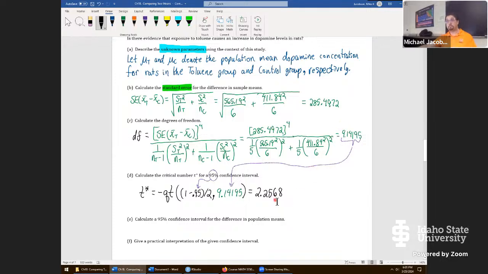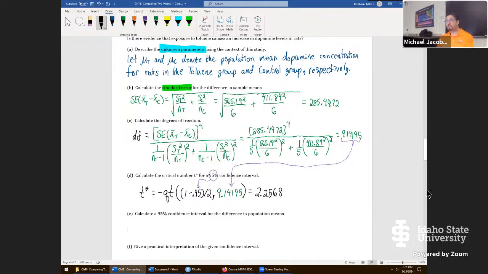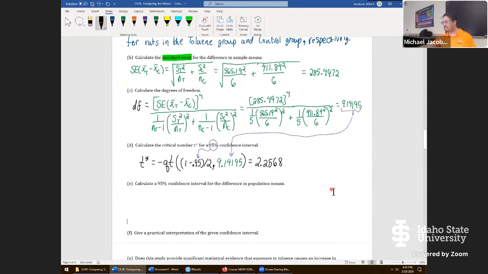So this is our punishment for making approximations upon approximations. We get a pretty large critical number. But its purpose, once again, is to give accuracy when we say we have a certain amount of confidence. Any questions, folks, to get to part D? Okay, we're definitely cruising through this, so let's see what's next.